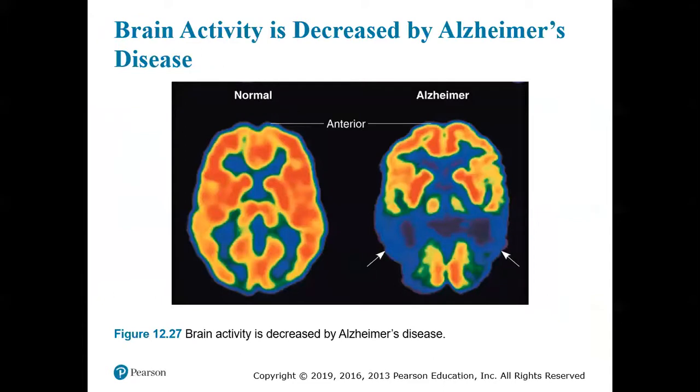For example, here we can see brain activity in this healthy brain, looking pretty good. And then we have the brain of an Alzheimer's patient. We can clearly note that there is less activity, and we can also see reduction in size occurring along the brain. And that is not a good thing.